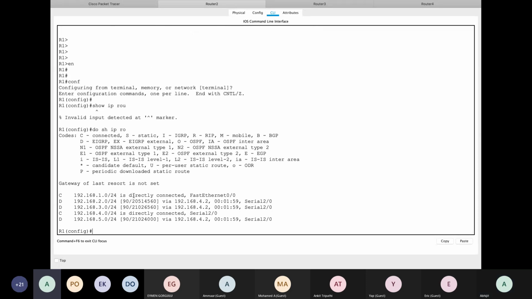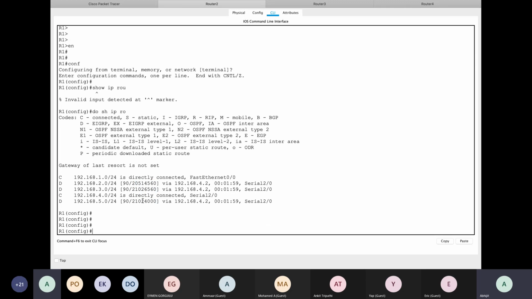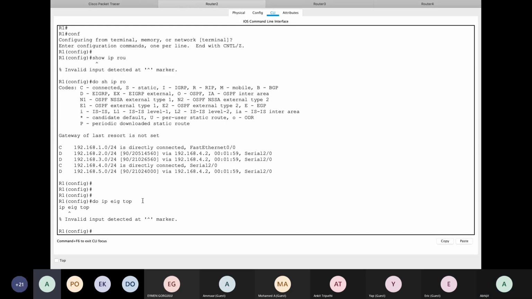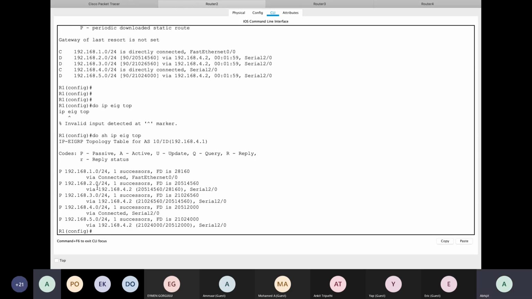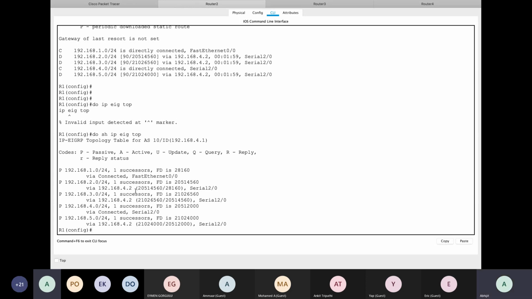There you go. This particular value is called FD, the feasible distance. And if you check the topology table by running show IP EIGRP topology, then you can see for a specific route, there you go, this is the FD and that's the RD.